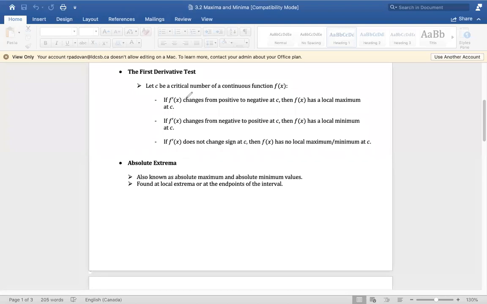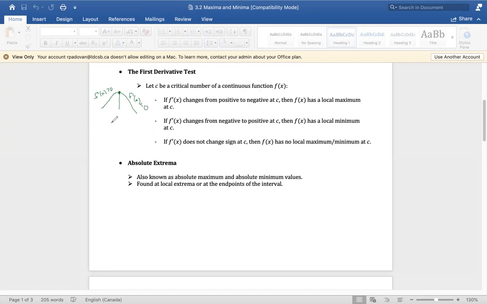If the derivative is changing from positive to negative, going from positive then down to negative, then at that c value I would have a local maximum. Here my derivative is greater than 0, and here my derivative is decreasing, less than 0.